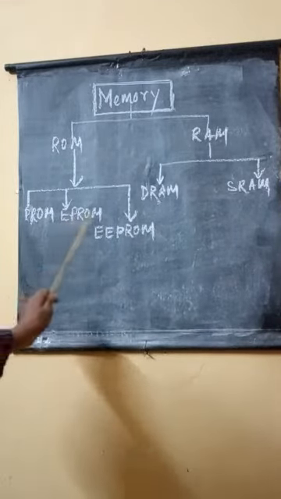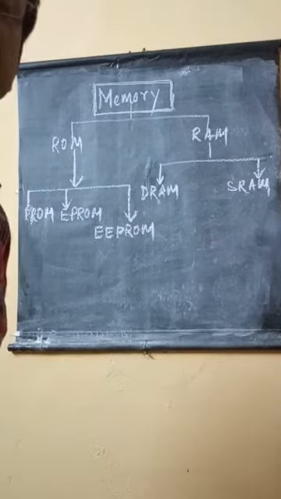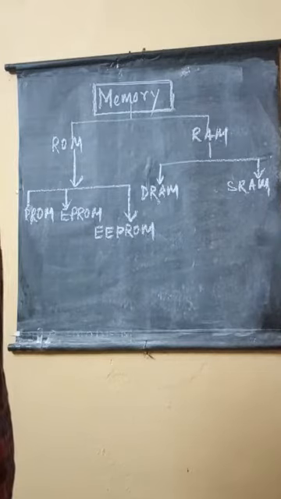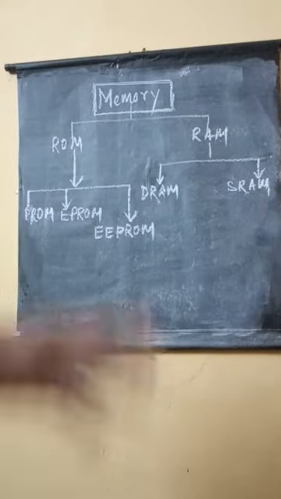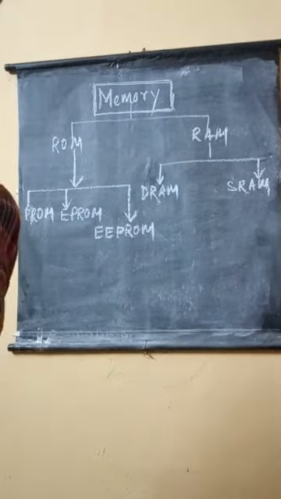EEPROM, EPROM and PROM. What is the difference? Programmable read-only memory means whatever instruction is needed to start the computer is written by a program, and that program is permanently stored by the manufacturer.